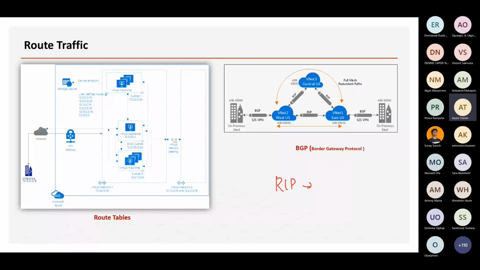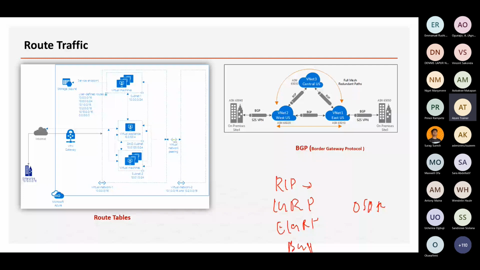You may have heard about IGRP, EIGRP, BGP, and OSPF. These are a few routing protocols we used in an on-premises scenario on the physical router.